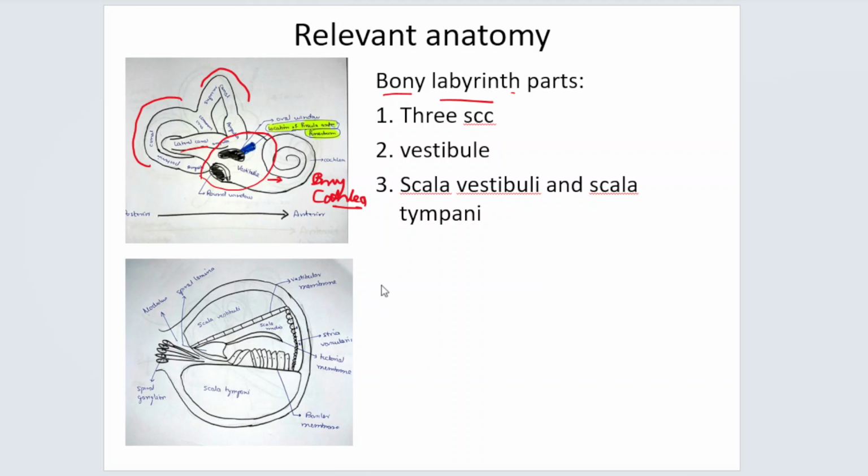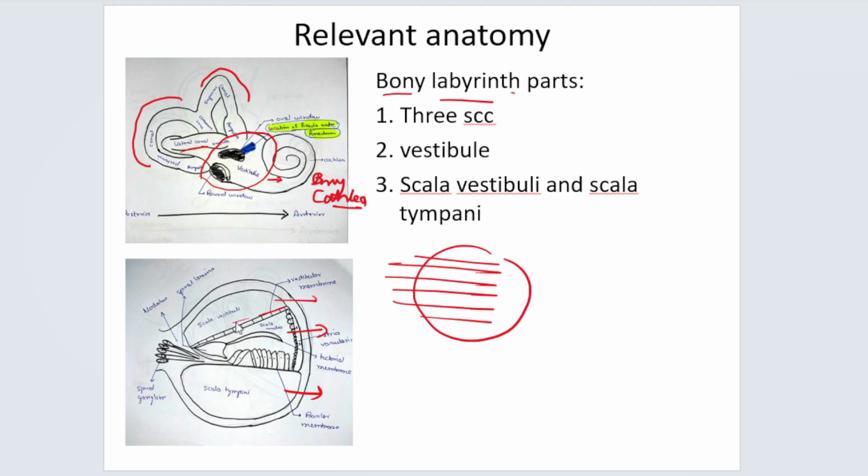To be a little more specific, if we take a cross section of this bony cochlea, you will find that it has three compartments. The middle part is called the scala media, which is also the cochlear duct.